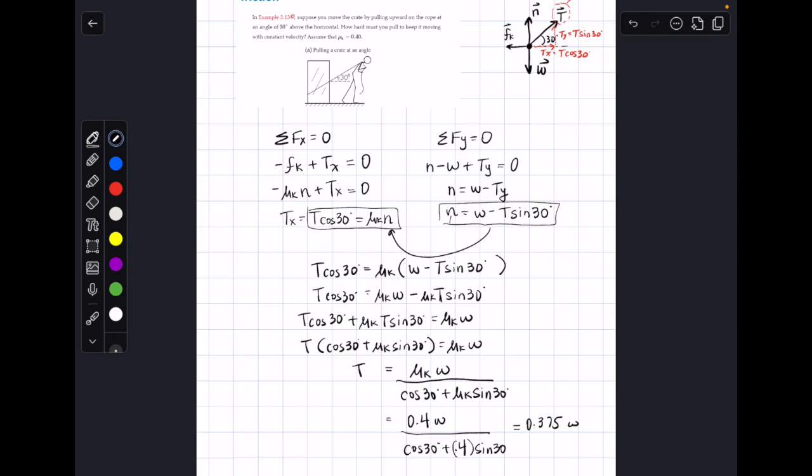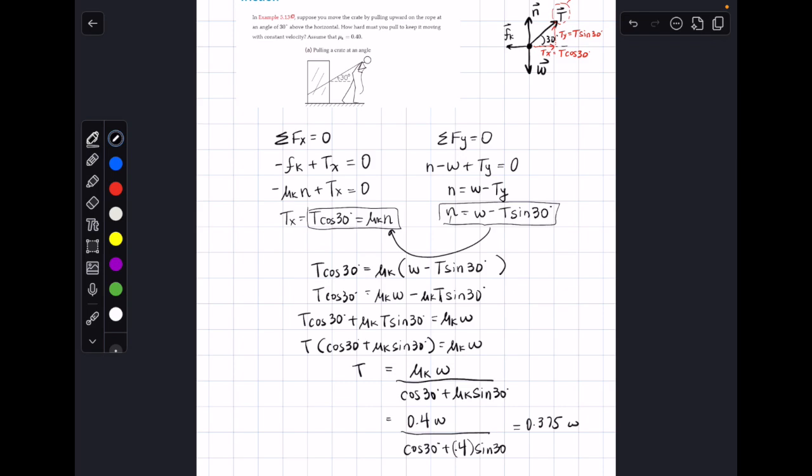And so we use that to solve for our unknown T. Since the normal force is also unknown, that's just one variable we're going to eliminate so that we can solve for the actual point of the question, which is to find the value of that force that we need to apply.